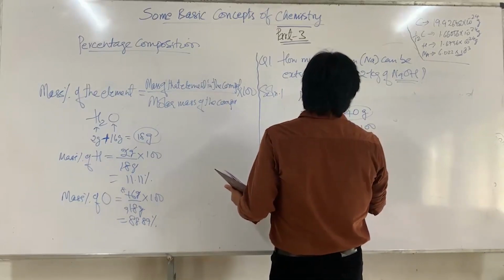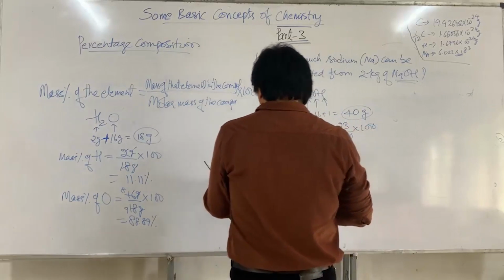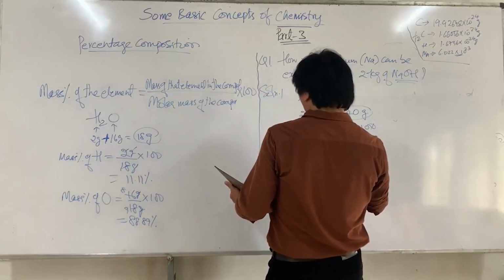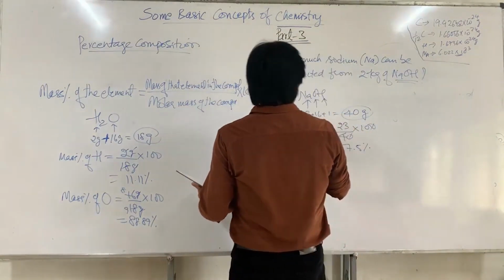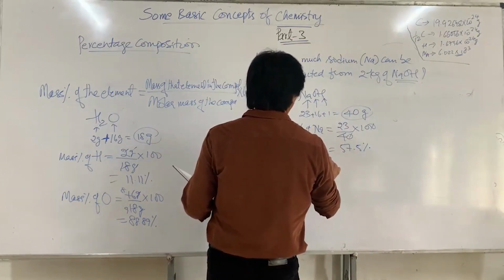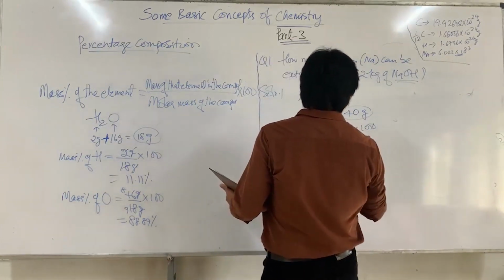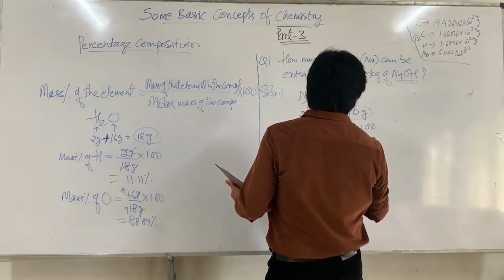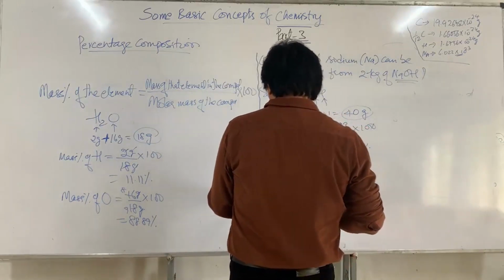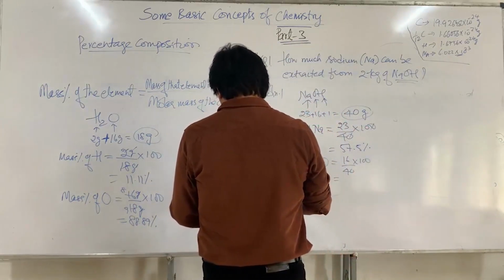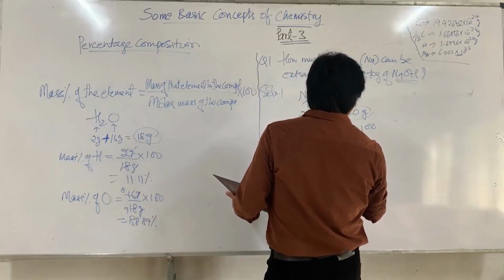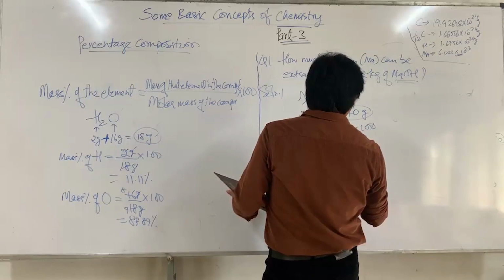And here the value is 57.5%. And that of oxygen, the mass percent of oxygen, is again 16 by 40 into 100. I think it's 40% here.